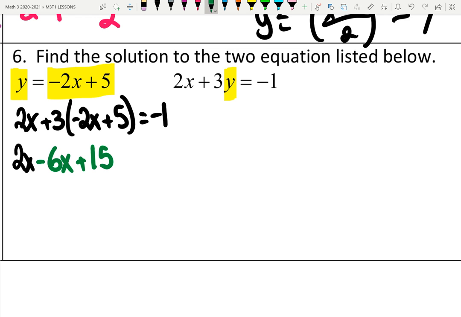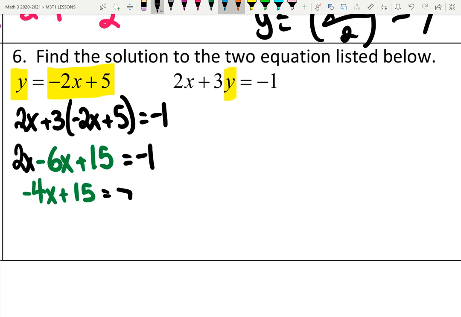I am going to go ahead and combine my 2x and negative 6x. It's going to be negative 4x plus 15 equals negative 1. What do I do now?